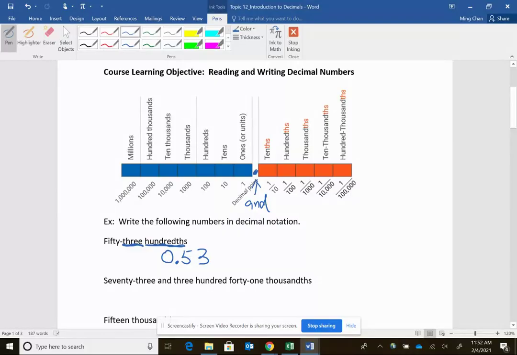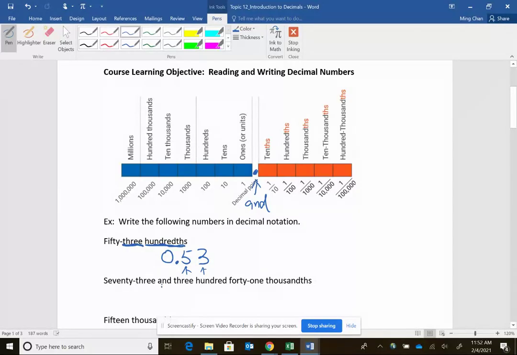The 3 is sitting on the hundredths place, because this is tenths, then hundredths. So that's how we know the decimal needs to go in front of the 5. Therefore, the 5 is the tenths, the 3 is the hundredths. Okay, a little bit tricky.